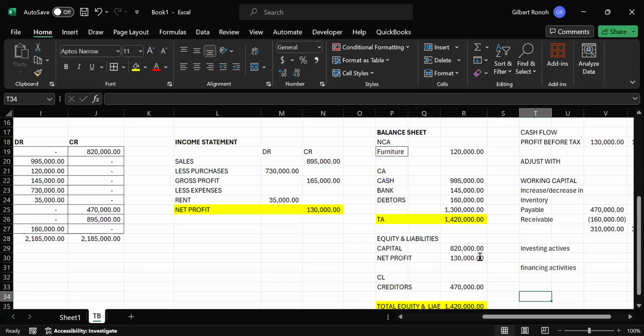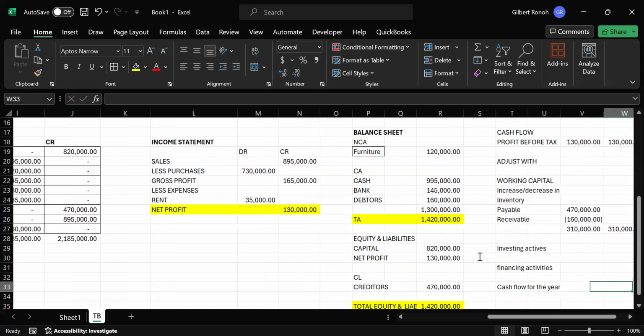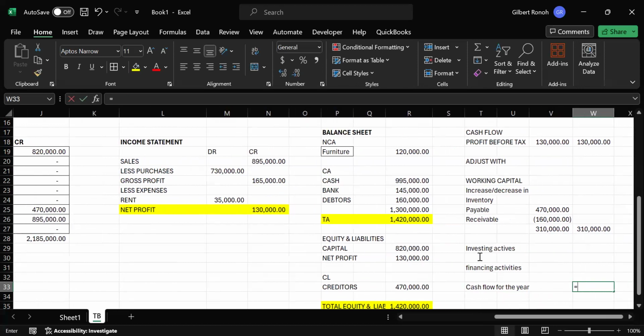So at the end of it, we have the cash flow for the year, which would be the sum of the two. This one is positive, so it will be this plus this, which gives us that 440.